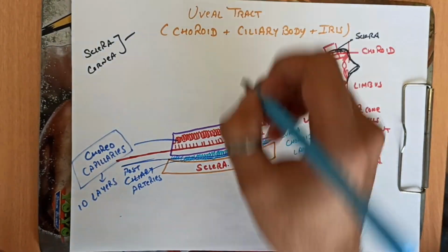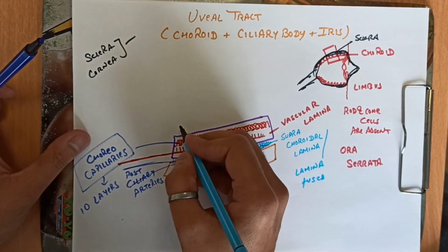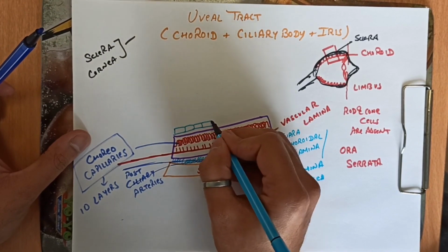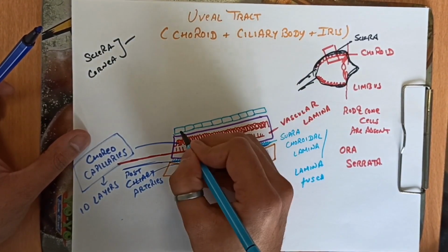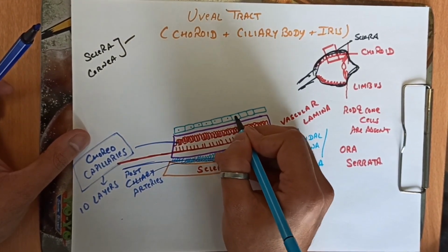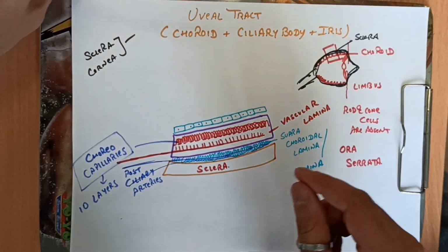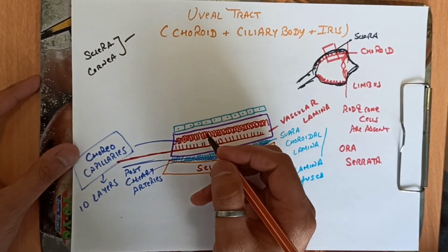Now after the choroid comes the retina. I have already told you the retina has two layers. One is the pigmental layer and one is the neuronal layer. So this is the pigmental layer. Now in between the pigmental layer and the choroid there is a small glassy layer.